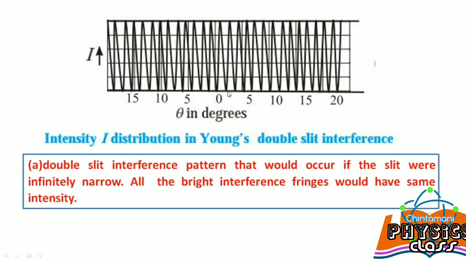In this graph, we plot theta in degrees along the x-axis and intensity of light along the y-axis. In the double slit interference pattern that would occur if the slits were infinitely narrow, all the bright interference fringes would have the same intensity, meaning the intensity of each bright fringe does not change when the value of theta changes.